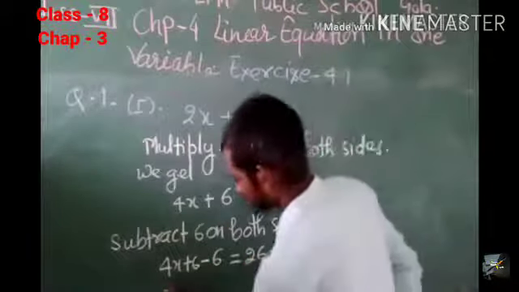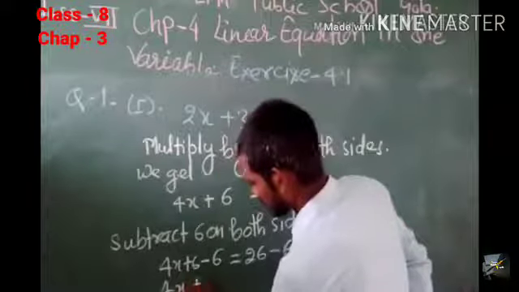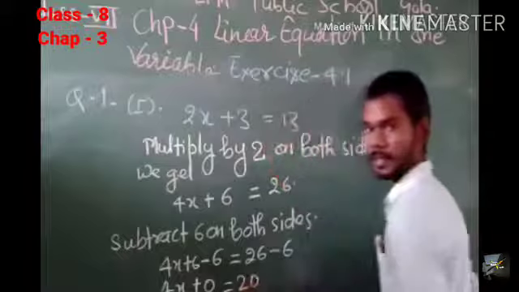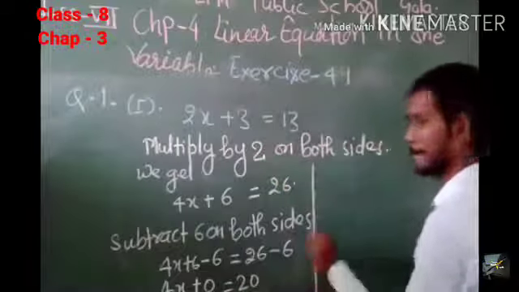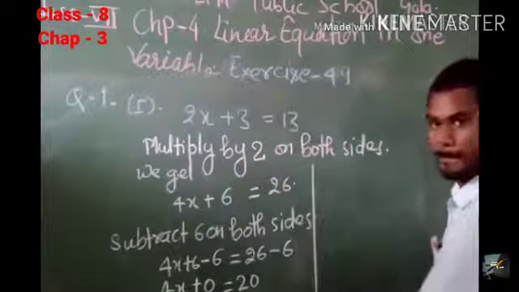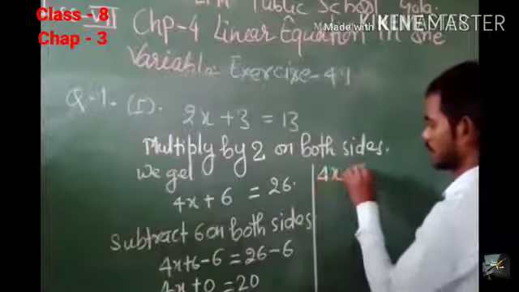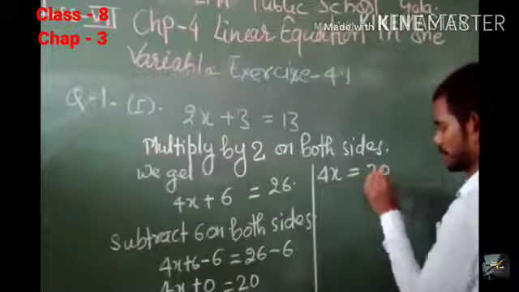We have 4x plus 0 is equal to 20. Now this is 4x is equal to 20.